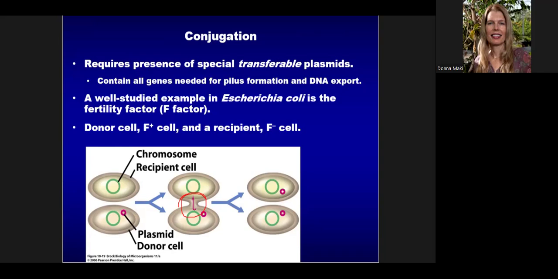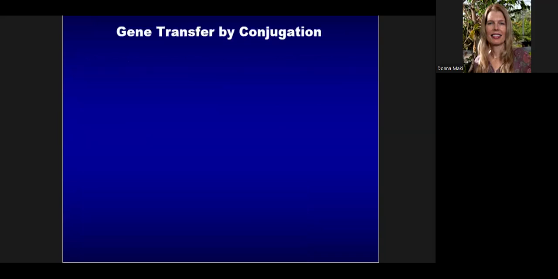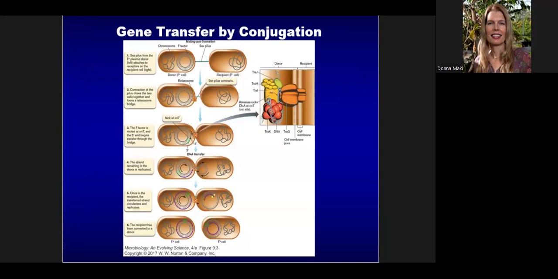In this case, here's a step-by-step process of conjugation. Again, it's going into more detail than what I expect, so just listen up here. What I want you to know is that the donor builds the sex pilus and it hooks on to the recipient.